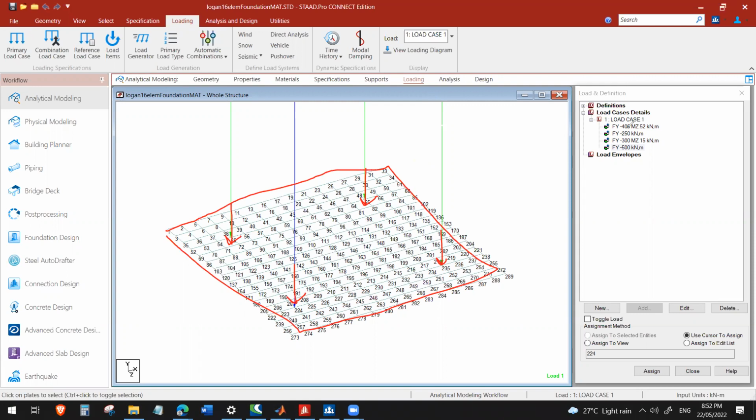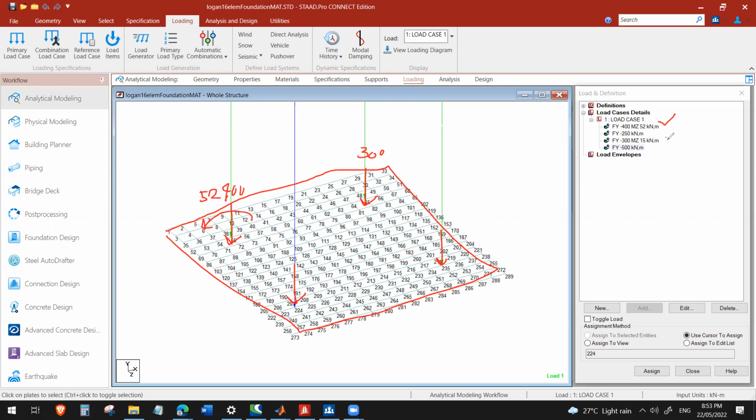And say at this point, we have a 400 kilonewton and a 300 kilonewton downwards. But this time, we will now apply a moment. So moment about Z, 52 kilonewton meter. Something like this, so 52.